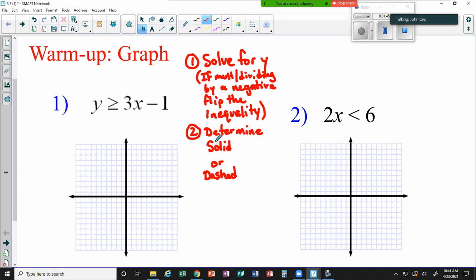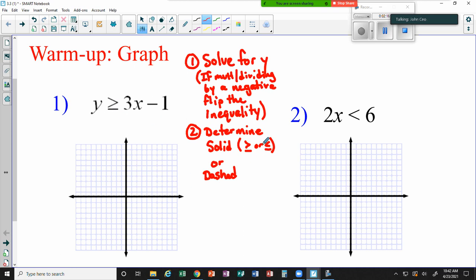Does anybody remember when it's solid and when it's dashed? Solid when it's less than or greater than or equal to. It's the equal to piece.